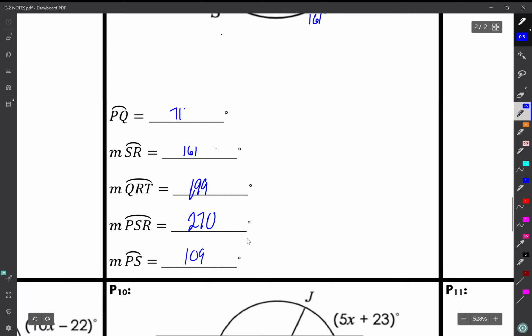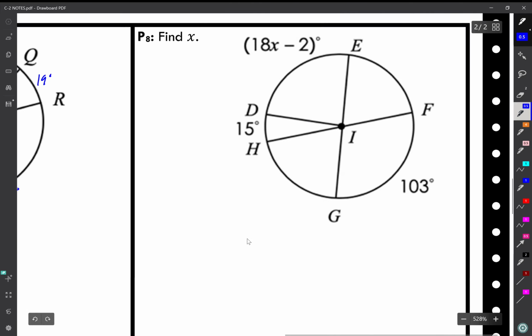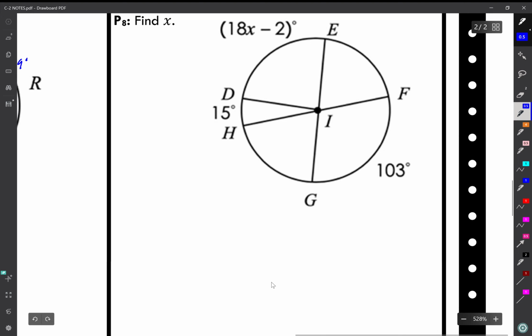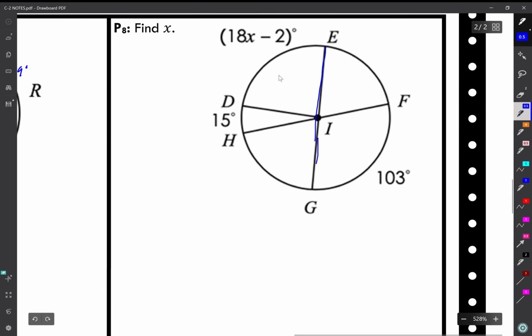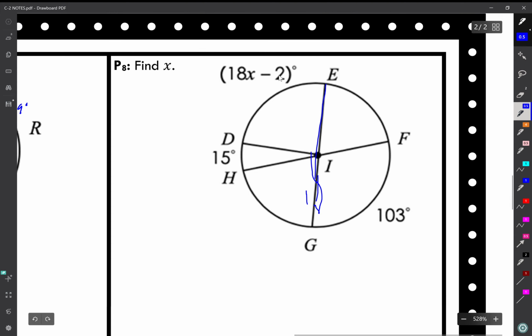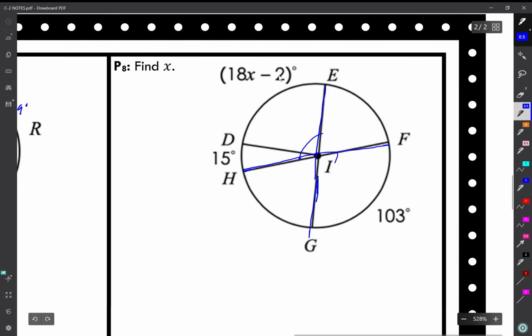Number 8. Find x. Okay, so what do I have here? The first thing I noticed is two things across from each other. So let's see if I can figure these out. I've got vertical angles right here. If you notice these two, this line that I drew right here, and then this line I draw right here. That means that these two angles are the same, right?